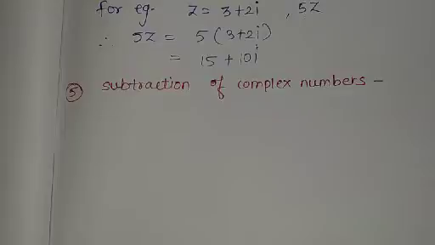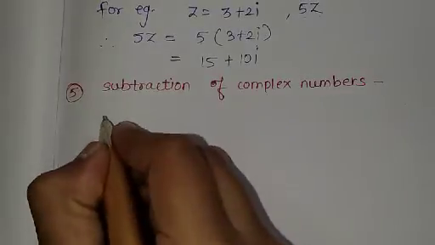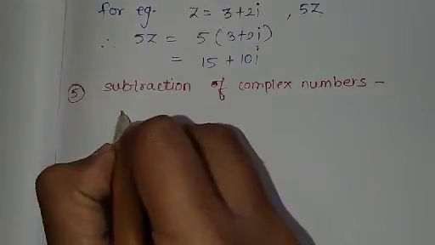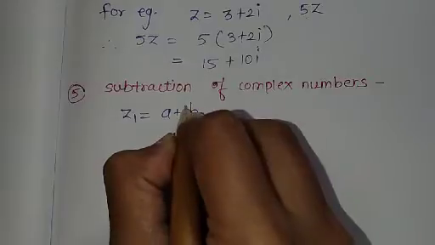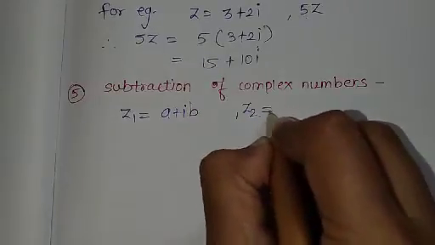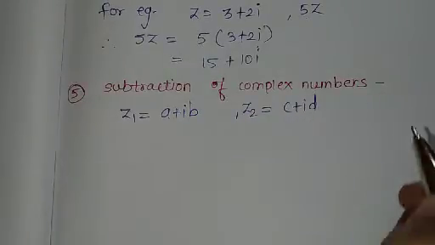Now we'll go for subtraction of complex numbers. For this, again consider two complex numbers, z1 equal to a plus ib and z2 equal to c plus id.